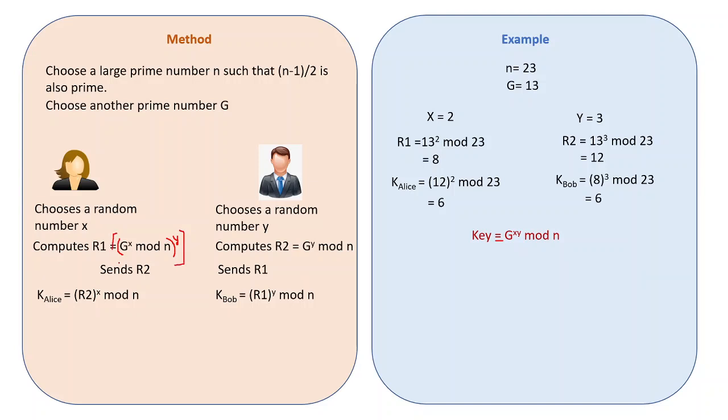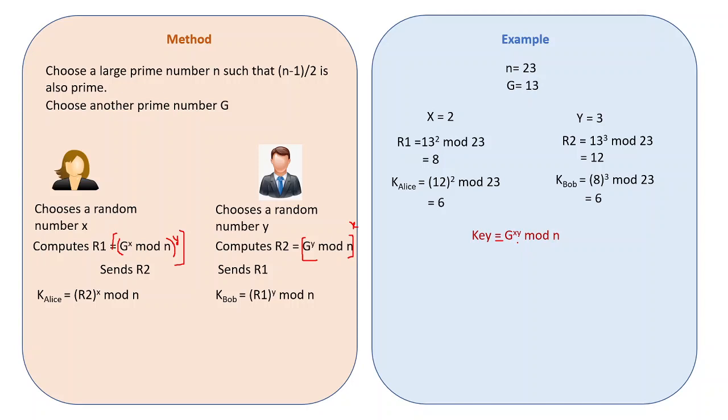And similarly, Alice computed her key as R2 to the power x mod n, which is equivalent to g to the power y mod n, to the power x mod n. So in both cases, it becomes equivalent to g to the power xy mod n.